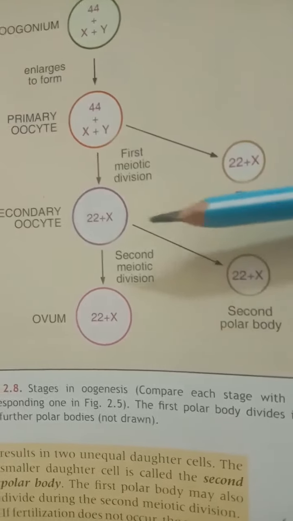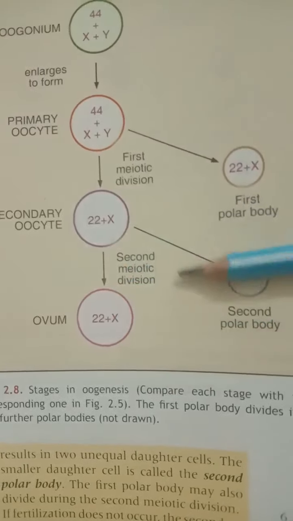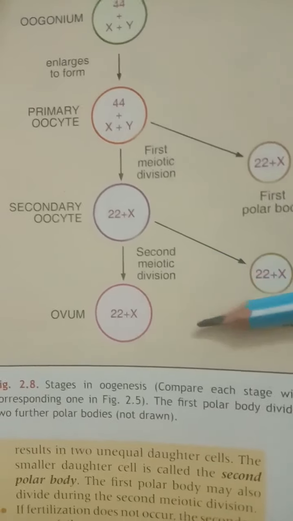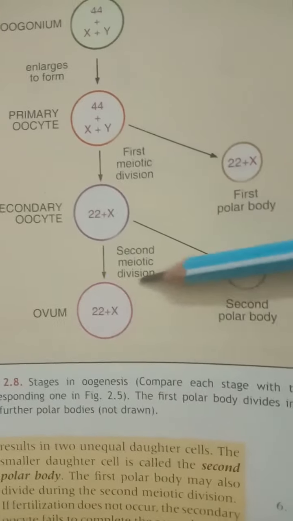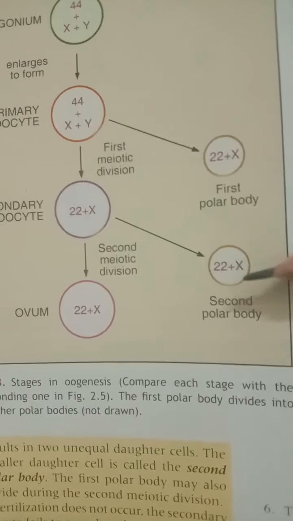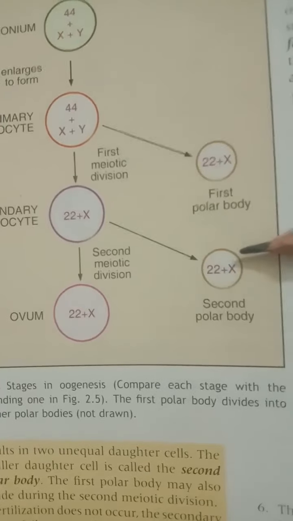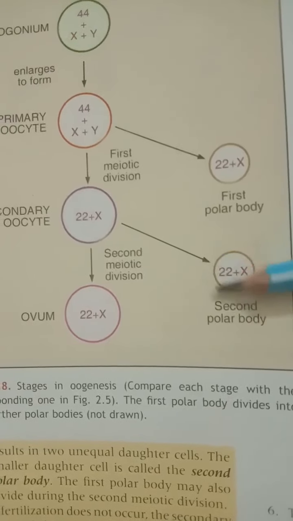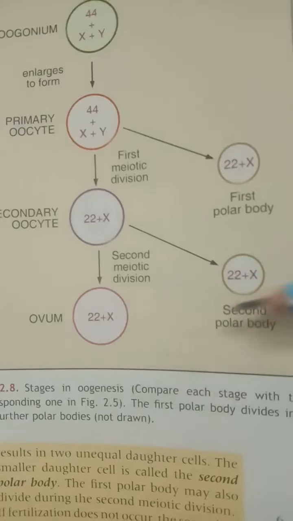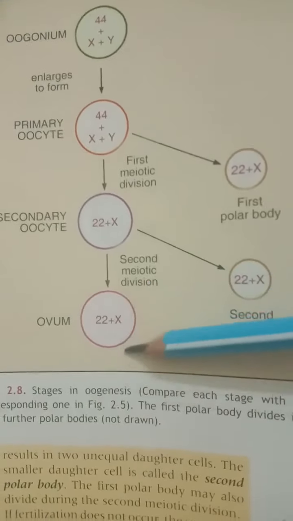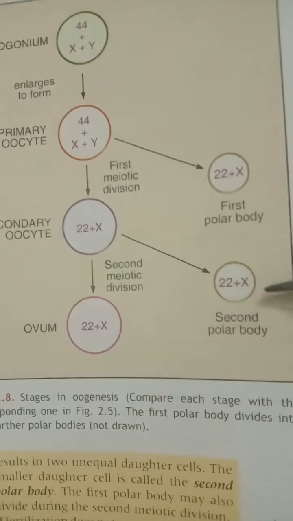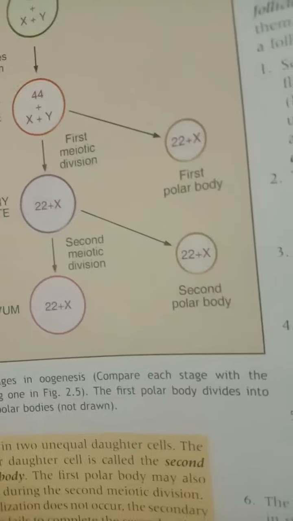One daughter cell receives most of the cytoplasm and forms the ovum, while the other daughter cell receives a very small amount of cytoplasm and forms the second polar body. Both have the same chromosomes, 22 plus X, which means 23 chromosomes are present.